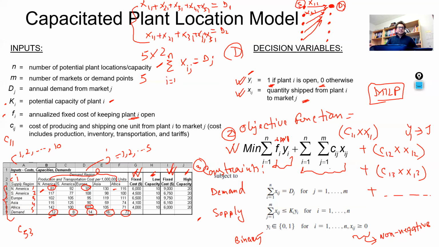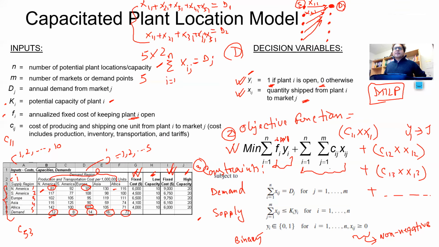Okay, so let's say I pick a different color here and try to draw it. We have these 5 supply locations, and then we have these 5 demand locations, right?